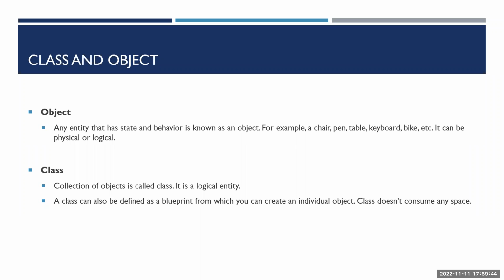When we go hands-on, you'll get to know what the blueprint is and how to create individual objects of the class. Moreover, the class does not consume any space. Yesterday I told you that if you declare variables, they consume space. But the class does not consume any space until you create an object out of it and then use the object.